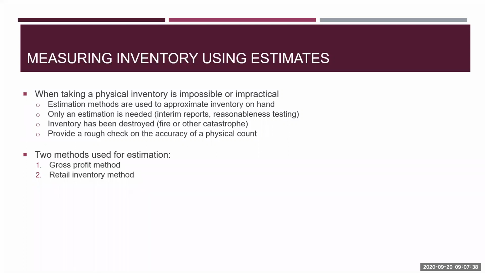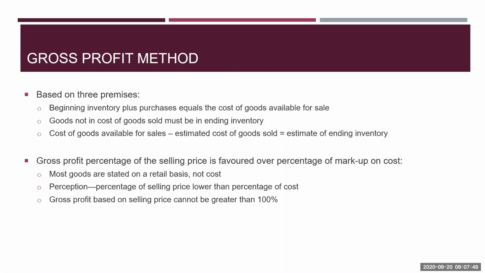So the two methods that we do end up using for estimating our inventory are the gross profit method and the retail inventory method. So the gross profit method is based on three primary premises. One is that your beginning inventory plus purchases equals the cost of goods available for sale.